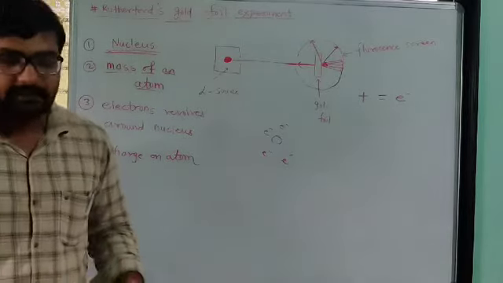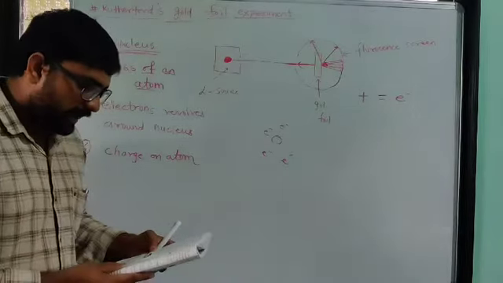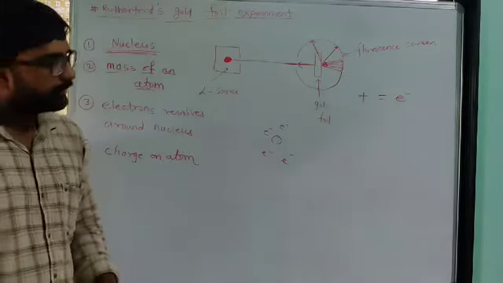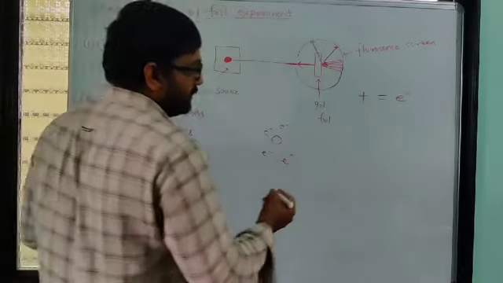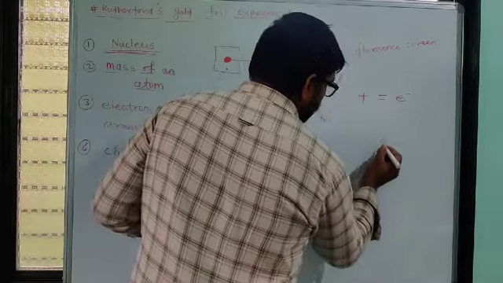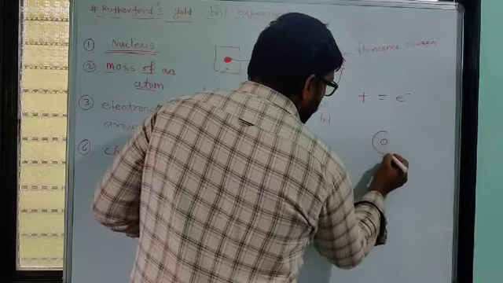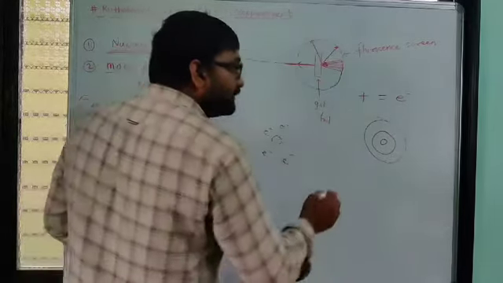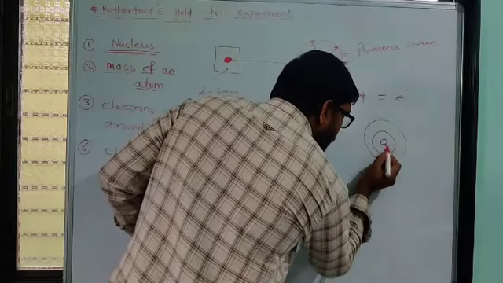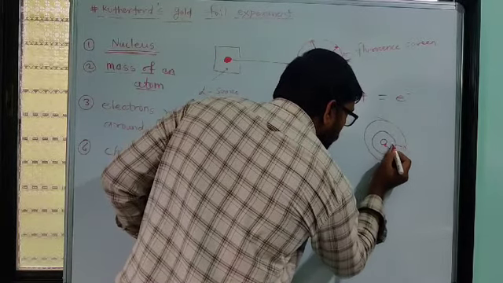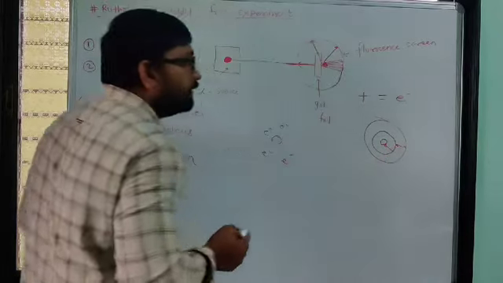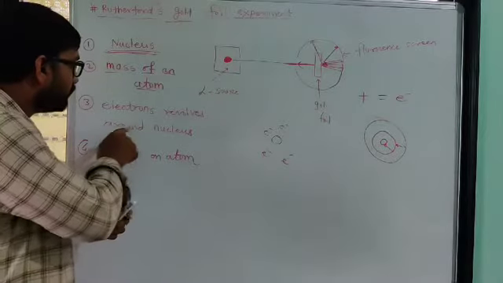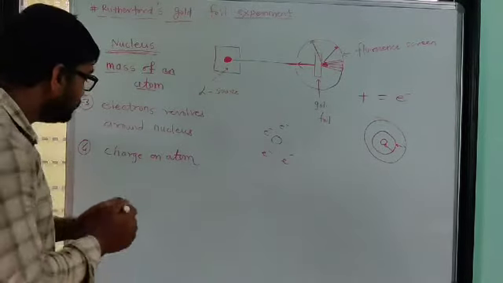And last, that is the fifth prediction he made: there is some space between the nucleus and the electrons. Suppose this is the nucleus, then electrons revolve around this nucleus, and there is some space between the nucleus and the revolving electrons.